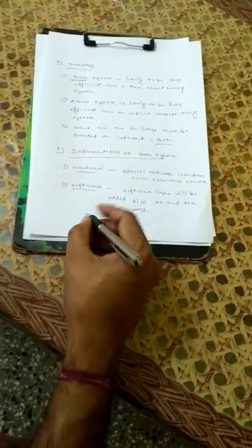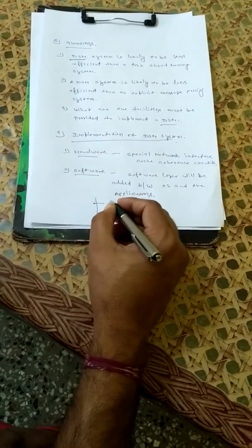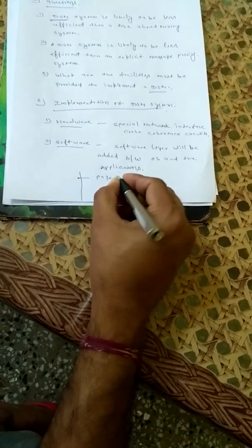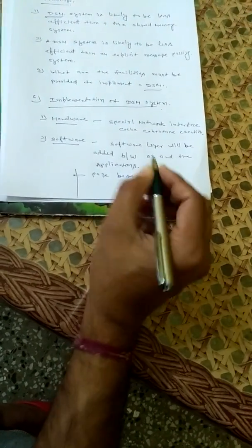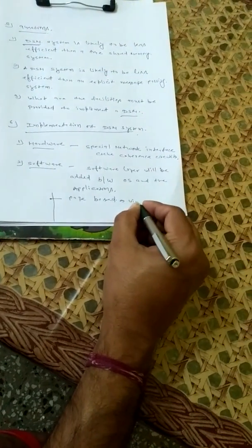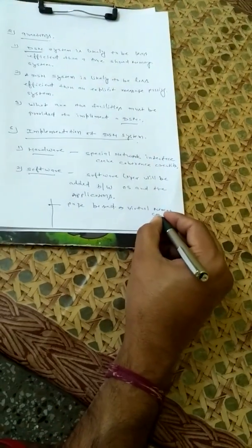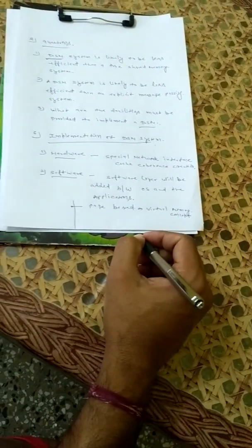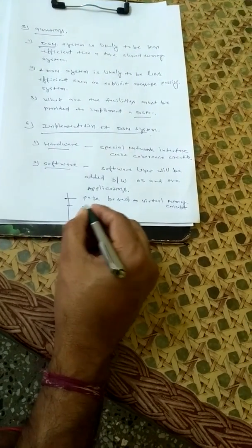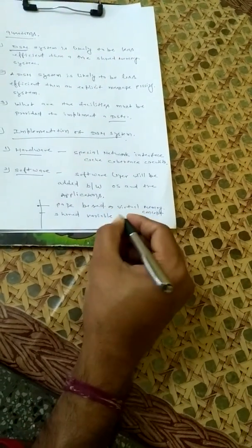We categorize the software layer into three parts. The first part is page based, in which we are using the virtual memory concept. The second part is the shared variable approach.